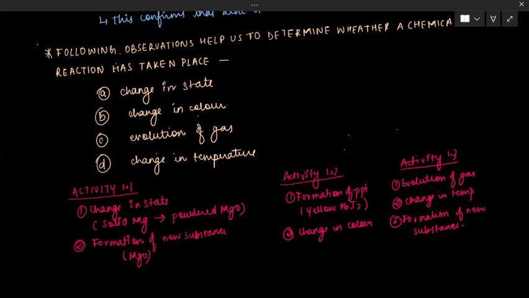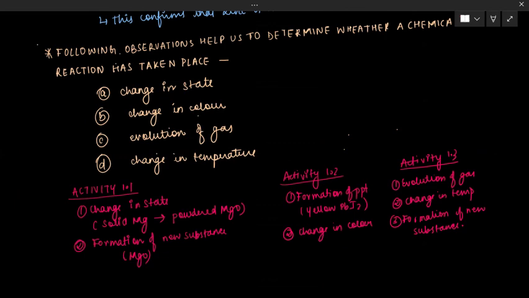I think it is pretty much clear that any of these changes will be there for sure in any chemical change. I repeat, any of these changes would be there if a chemical reaction has taken place. Formation of a new substance also.